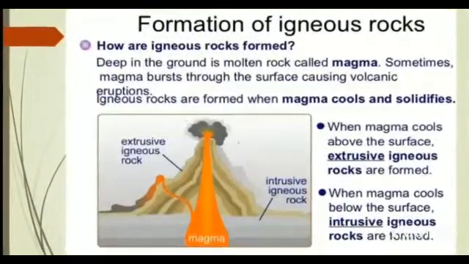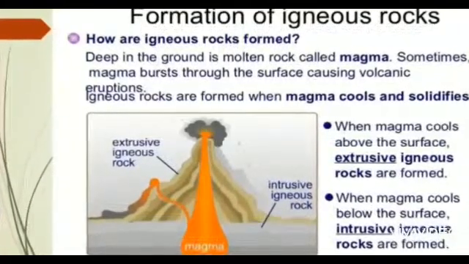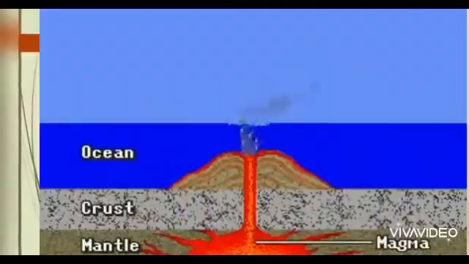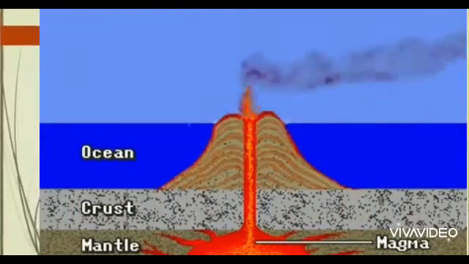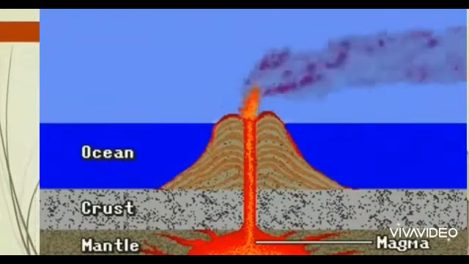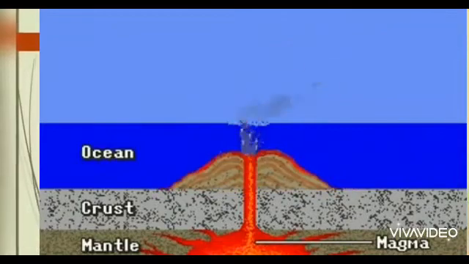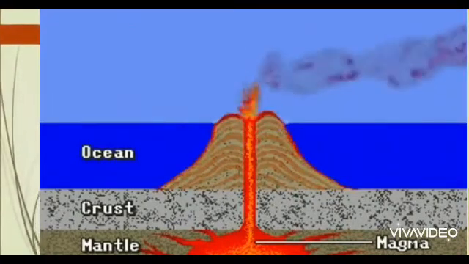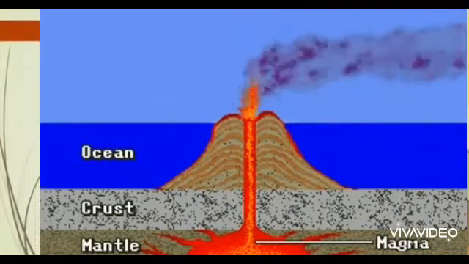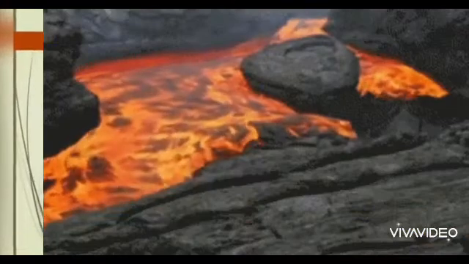What is magma? Magma is the molten material located below the crust of the earth. It is mostly semi-fluid in nature. The magma at times gets cooled and solidified in the crustal portion. Such solidified magma gives rise to intrusive igneous rocks.